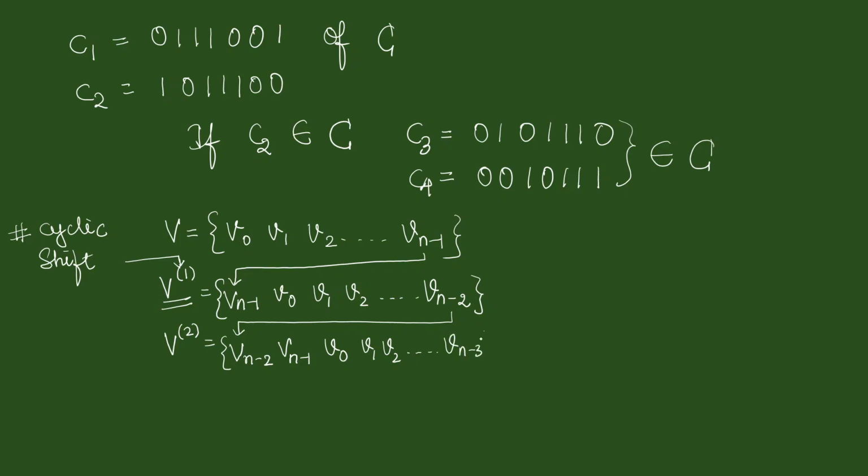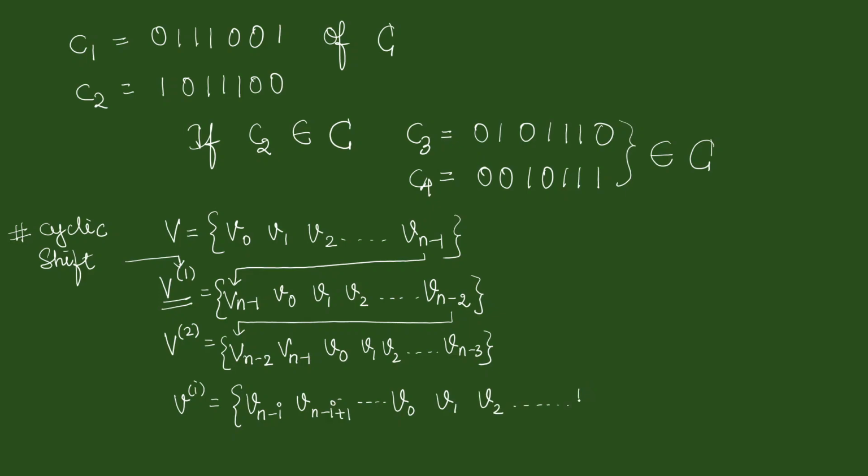If I repeat for i number of positions, then I can write in general v of n minus i, v of n minus i plus 1, and so on, until I get v0, v1, v2, and so on.